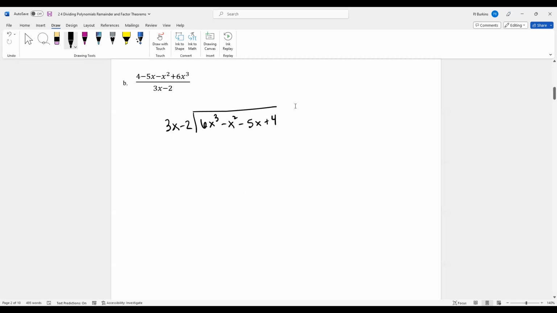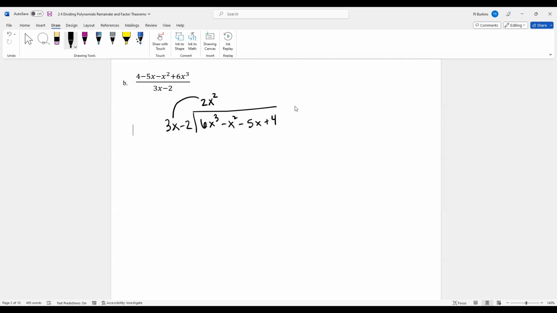Now, we need to take our first term, which is 3x, and we need to say, how do we turn that into 6x cubed? To do that, I would multiply by 2 to make it a 6, and by x squared to make it x cubed.